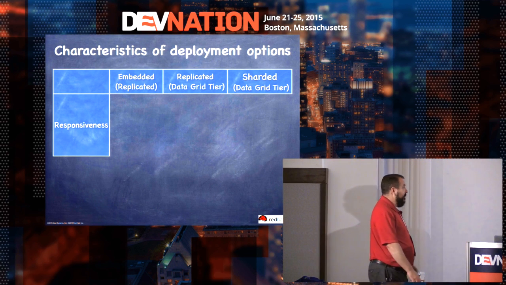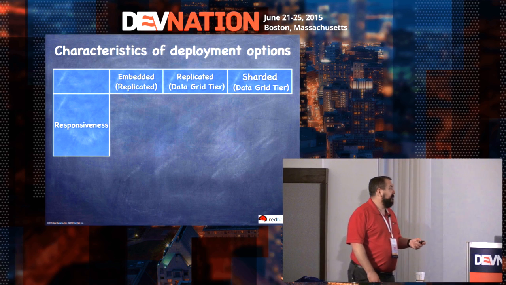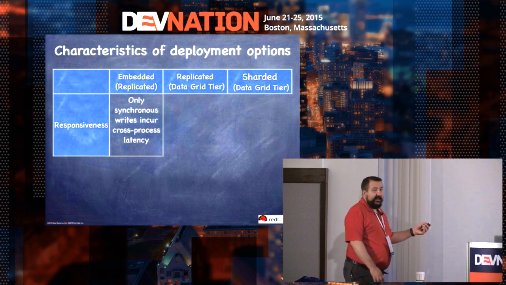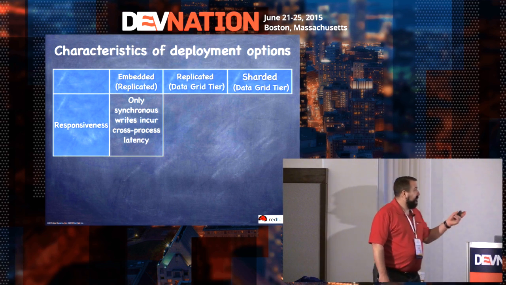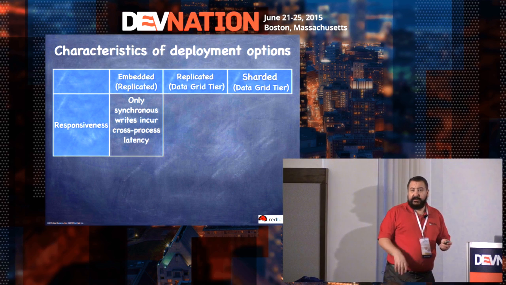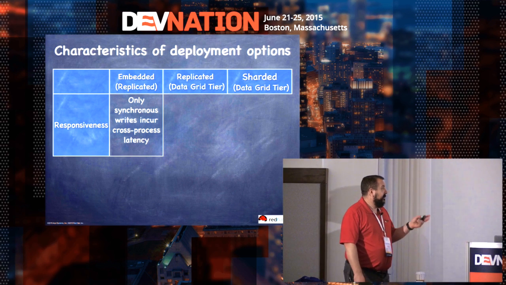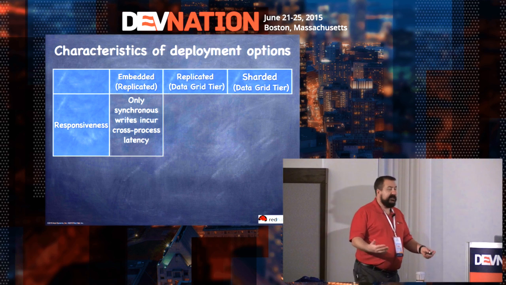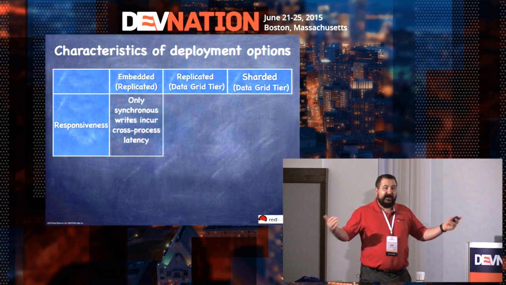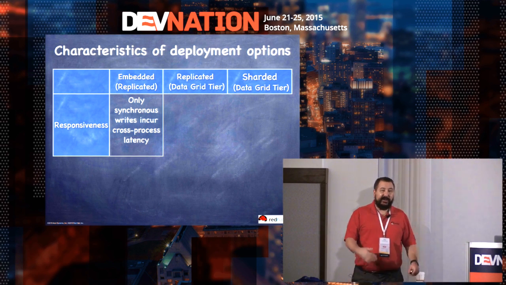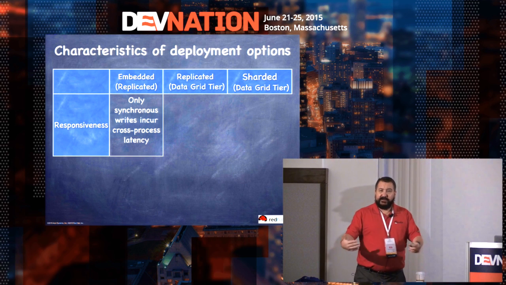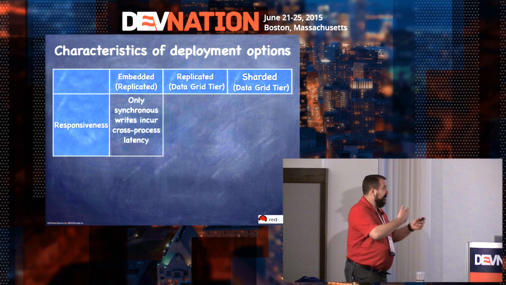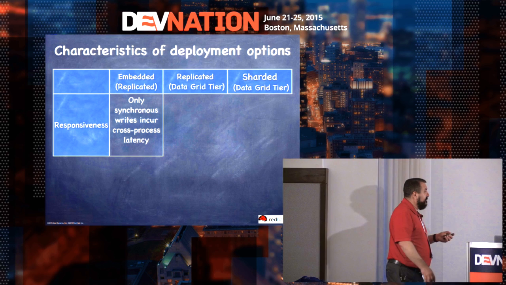If we look at the characteristics of responsiveness, in the embedded model, only the synchronous writes are incurring any type of cross-process latency, right? So I really have a very tightly coupled system in terms of responsiveness.